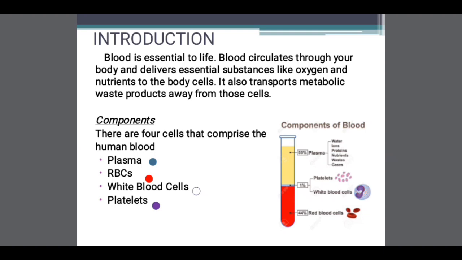The major cells actually are the red blood cells, white blood cells, and the platelets. Then we also have the plasma, which is a composition of water, ions, proteins, nutrients, waste, gases. That's what makes up the plasma. But the cells, which are the red blood cells, white blood cells, platelets, are the major three component cells we can find in the blood.